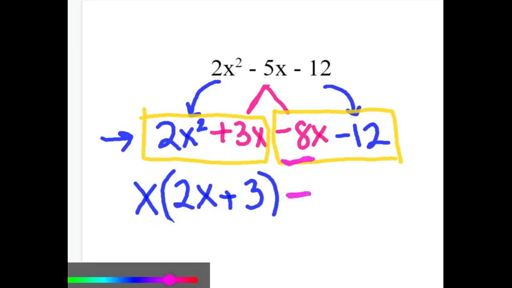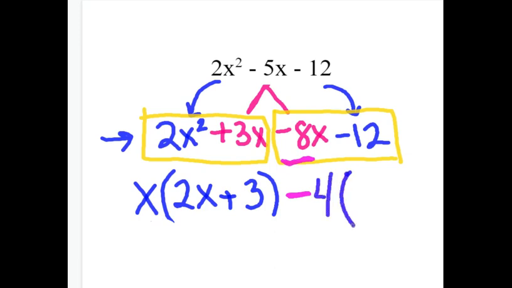Don't forget that minus. Now, what is the greatest common factor of 8 and 12? The greatest common factor is a 4. So I'm going to open parentheses. How do I get a -8x? Well, I have a -4. -4 times 2 is -8, and I also need an x.